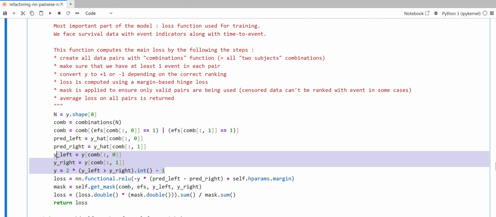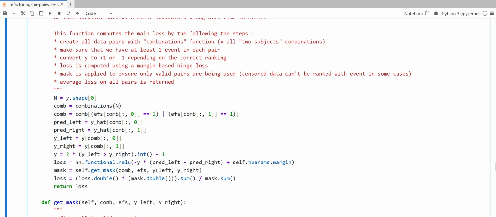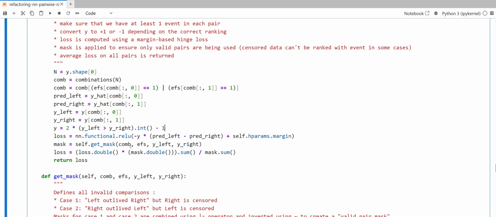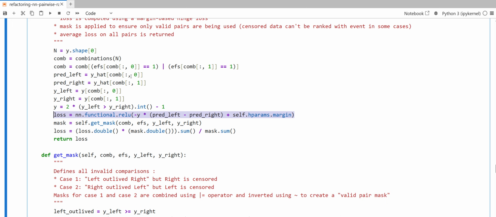It's +1 if the first person in the pair survived longer than the second, and -1 otherwise. 4. nn.functional.relu(y * (pred_left - pred_right) + self.hparams.margin). This is a hinge loss. It basically penalizes the model if it gets the ranking wrong, and that margin adds a little extra buffer, making the training more robust.